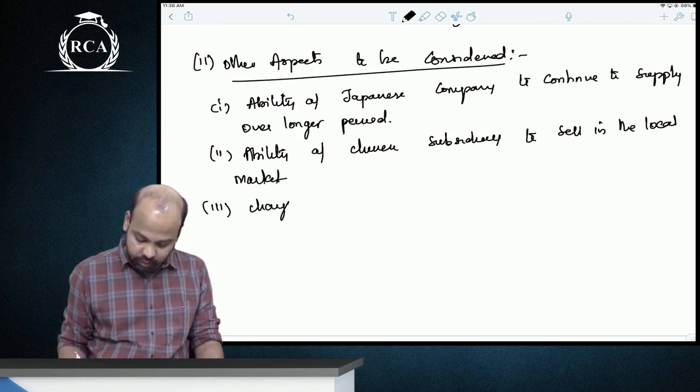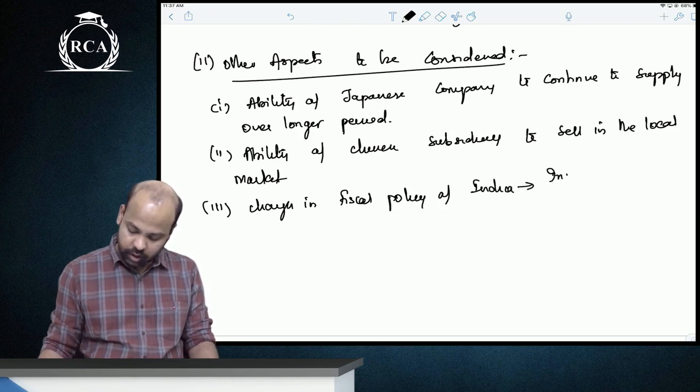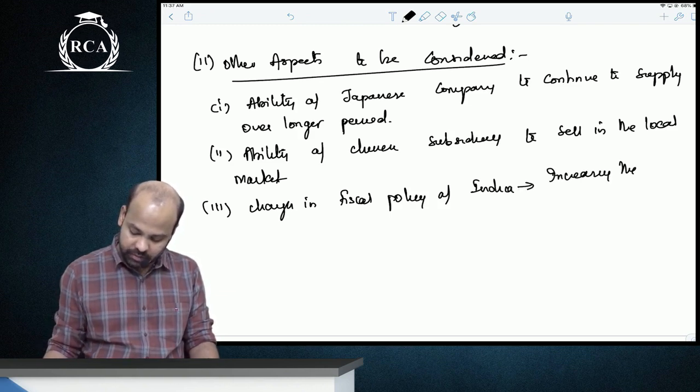Changes in fiscal policy, changes beta in the fiscal policy of India, increasing the cost of Japanese manufacturer.